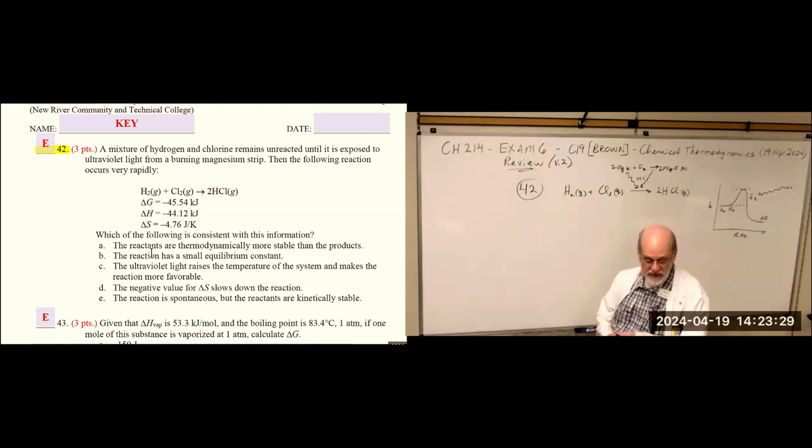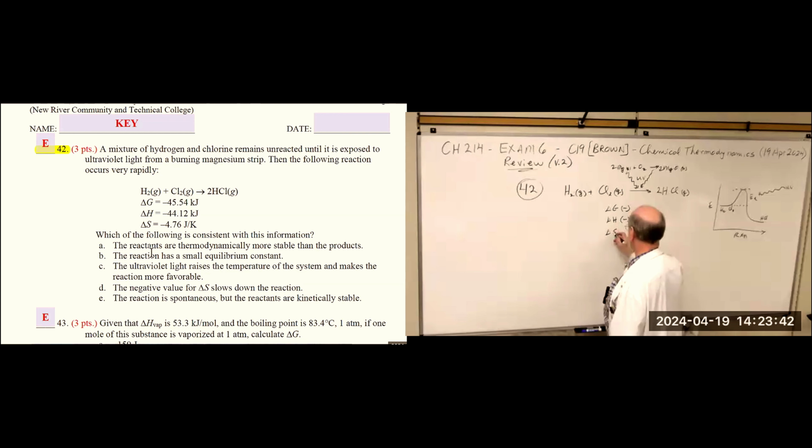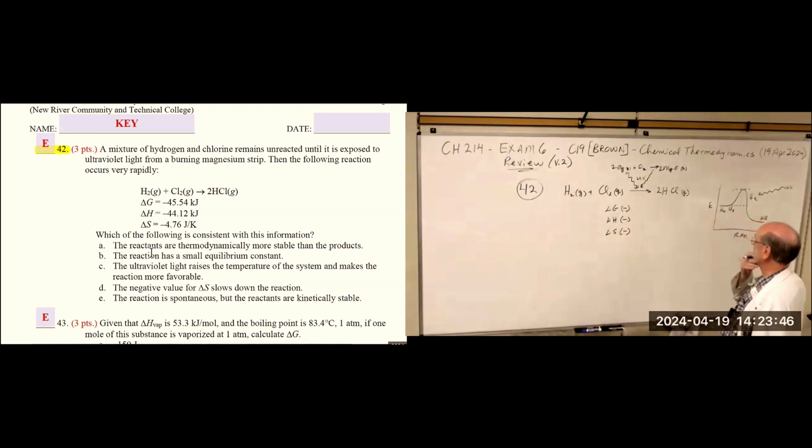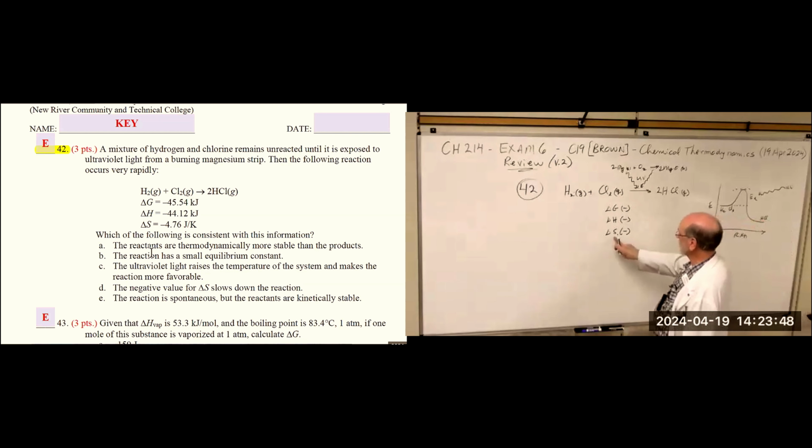Okay. Delta G is negative, delta H is negative, delta S is negative. So each one of these is negative. We can't deduce delta S is negative from this because 1 and 1 is 2 and 2 here.